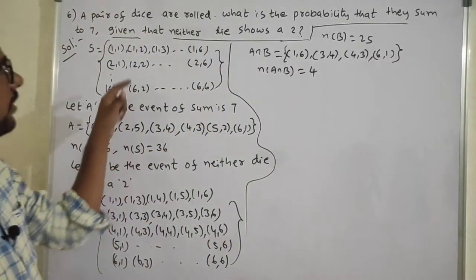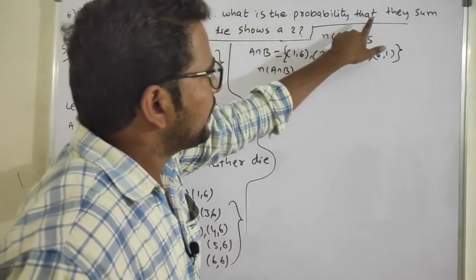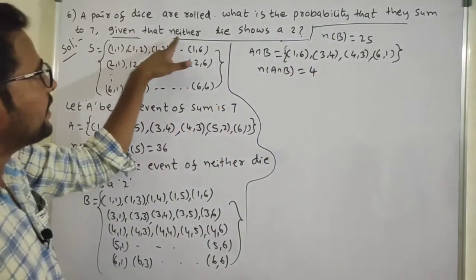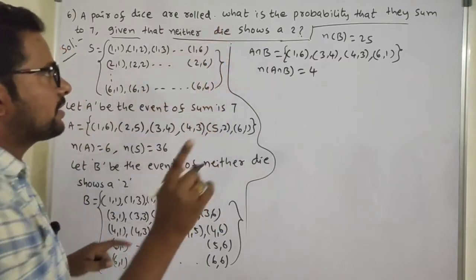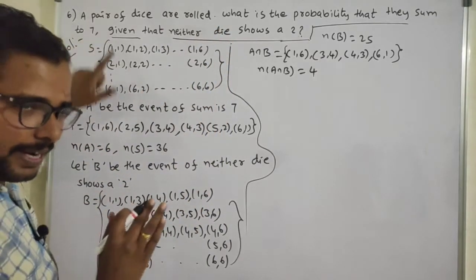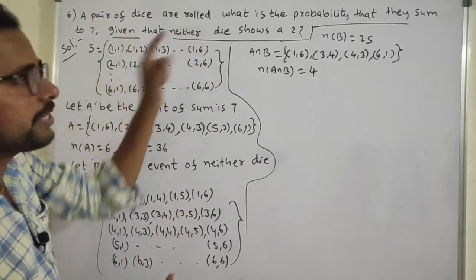Now we have to find the probability that the sum is 7 given that neither die shows a 2. Here we have two conditions, two events: one is sum to 7 and the second is neither die shows a 2.